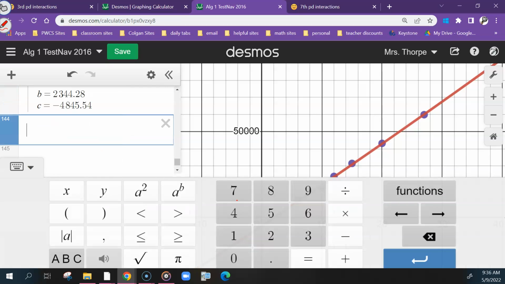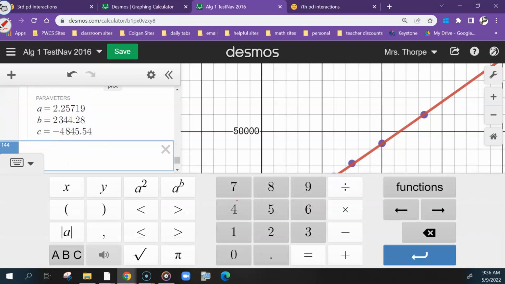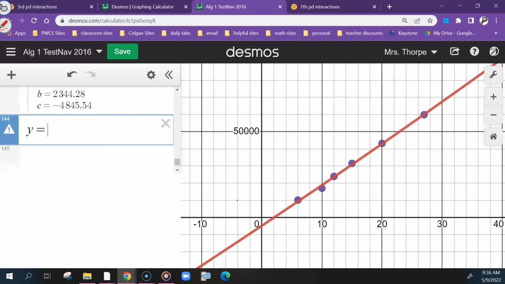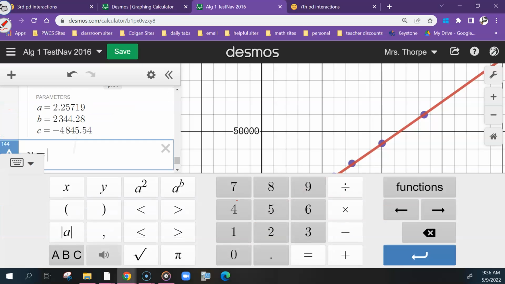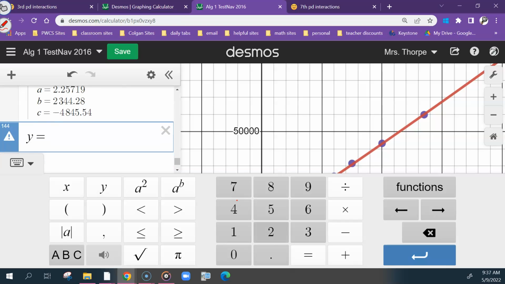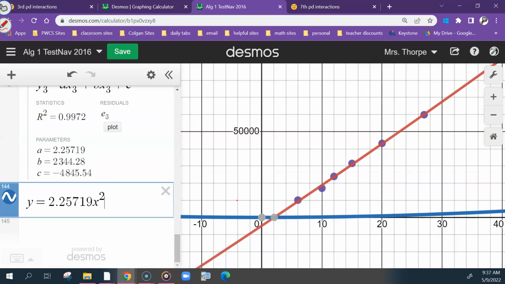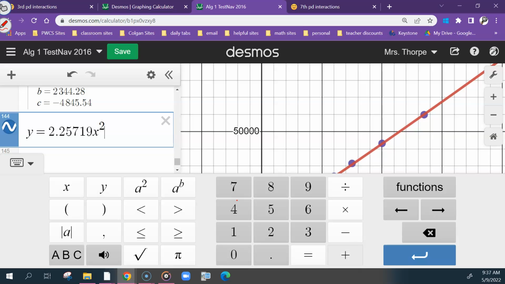I didn't type this part in, but I can put in all of these numbers and write an equation. So y equals, I'm just going to use all of the decimals, so 2.25719 x squared plus 2344.28 x minus 4845.5.